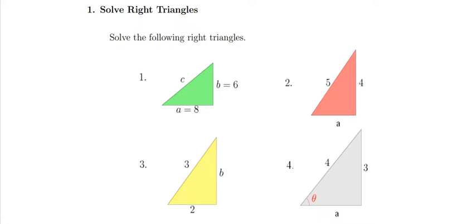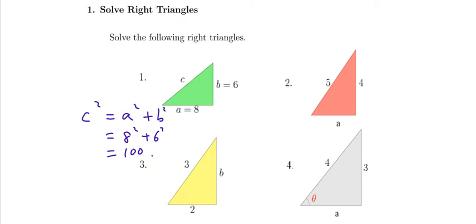This is really easy, right? We just use C squared equals A squared plus B squared. So we plug it in: C squared equals 8 squared plus 6 squared, which is 100. So C equals 10.